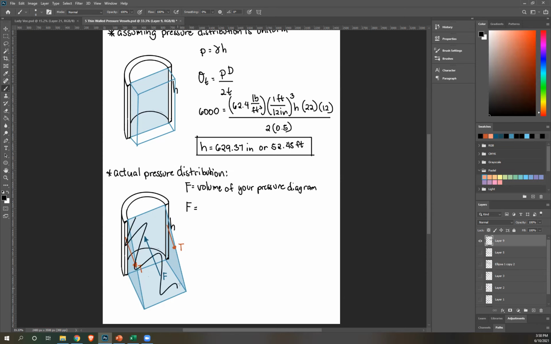F equals, this is a triangular prism, right? Can anybody give me the equation for the volume of a triangular prism? From your math class. Volume of a triangular prism, or even just by looking at the figure. What's the volume of this? Very good, Trinity.